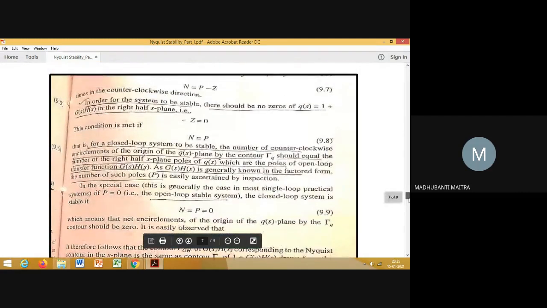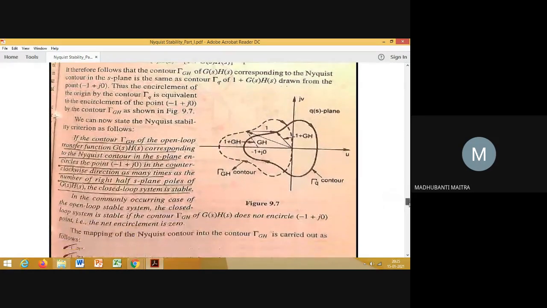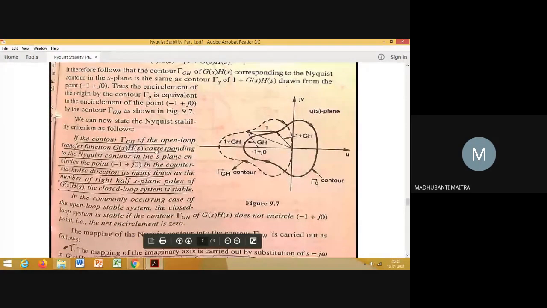This time the number of encirclements is the number of encirclements of the critical point by the GH plane contour.